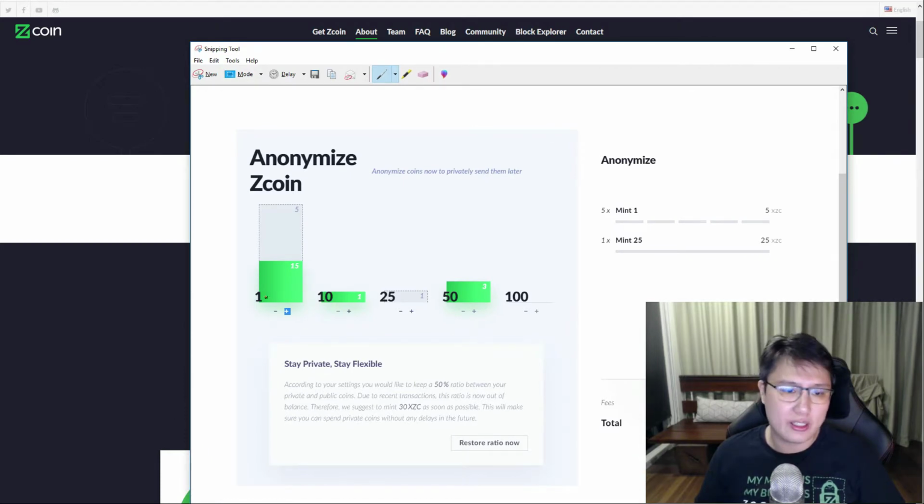As you can see here, currently Zcoin has 5 baskets of denominations: 1, 10, 25, 50, and 100. So if I want to do something like 30 coins, I would need to burn 5 1 coins and also burn 1 25 coin.